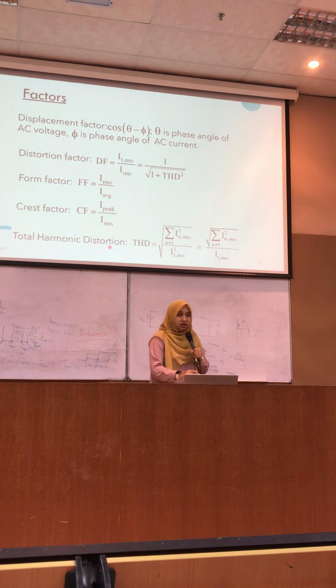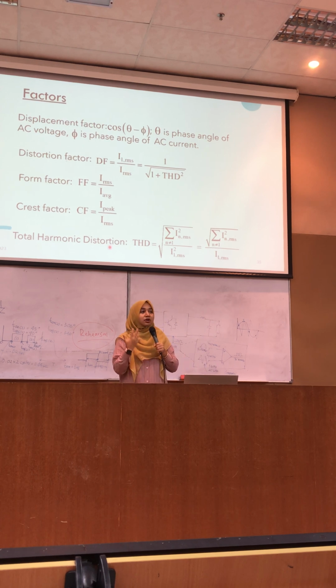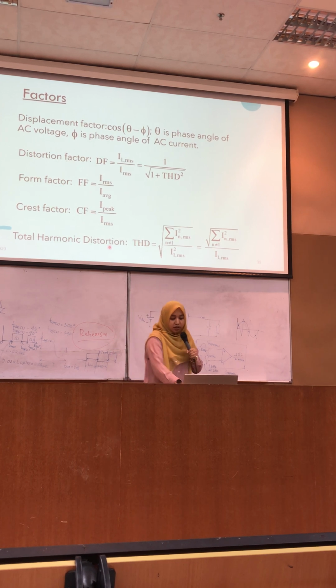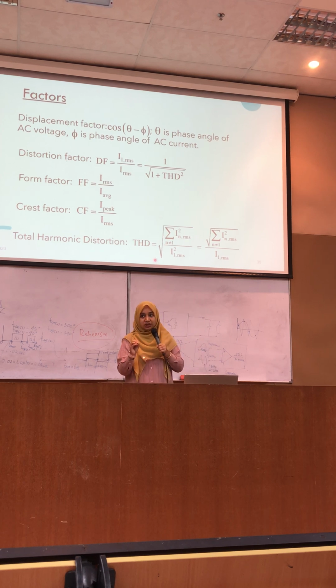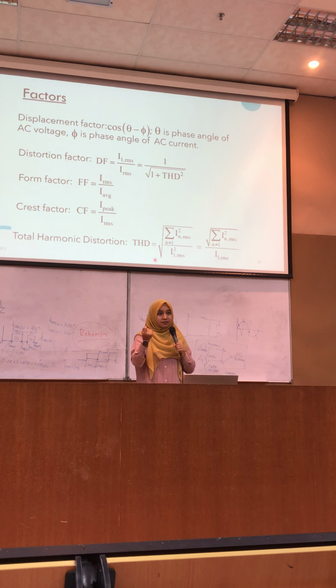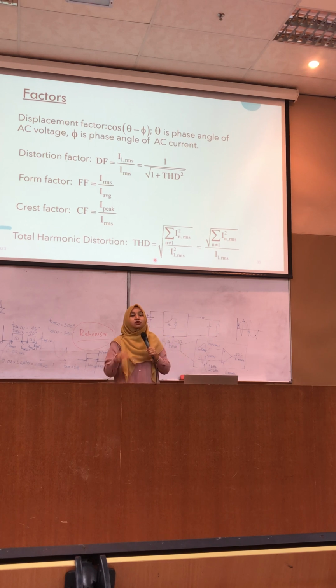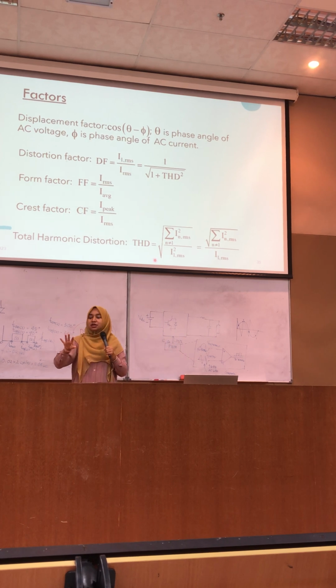Okay, THD here, you can calculate or measure THD for voltage or THD for your current. So this THD, total harmonic distortion, means how high your waveform is being distorted. Let's say you calculate the THD and you get 30%.